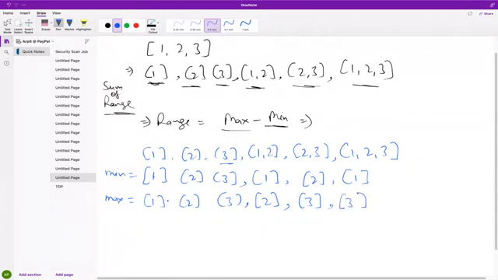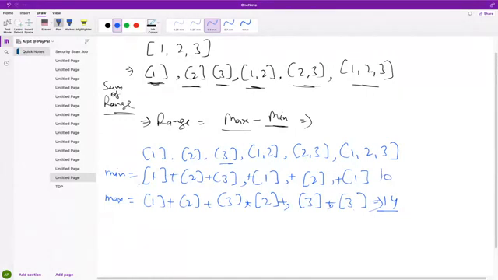Now if we add all those numbers, let's see what we get: 3, 6, 8, 11, 13, and 14. If we add it, we get 14. Adding the minimums: 2, 1, 3, 4, 7, 9, and 10.